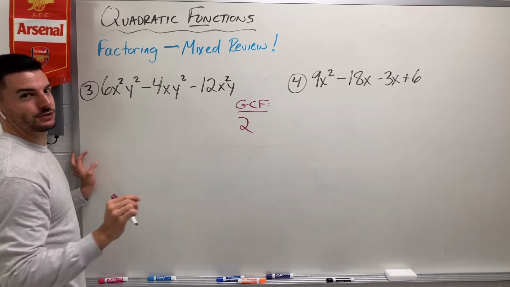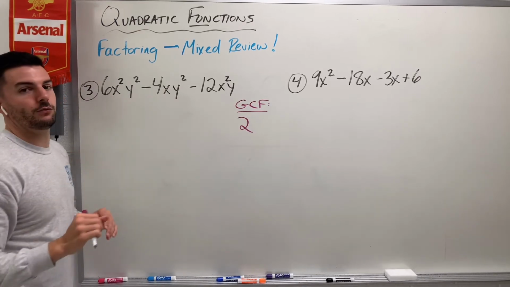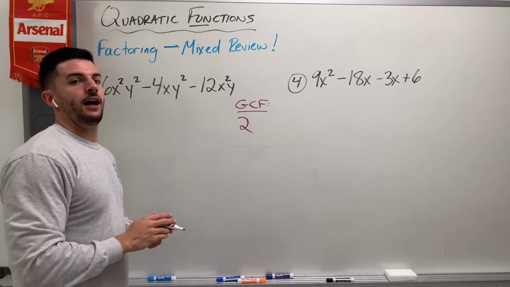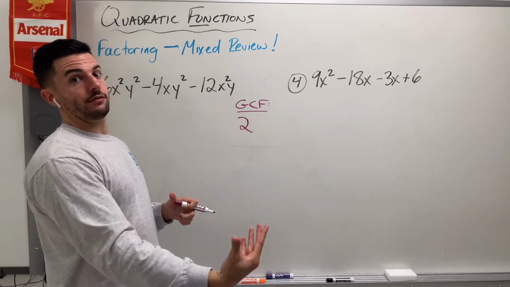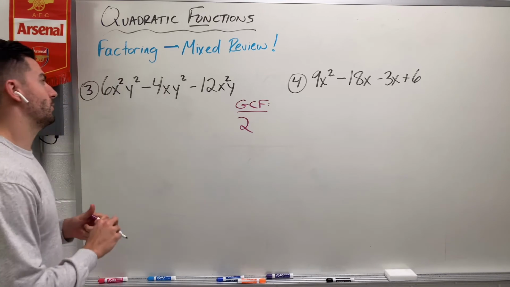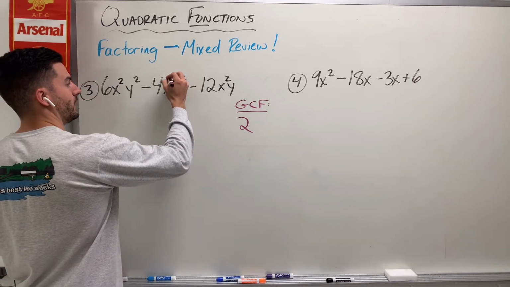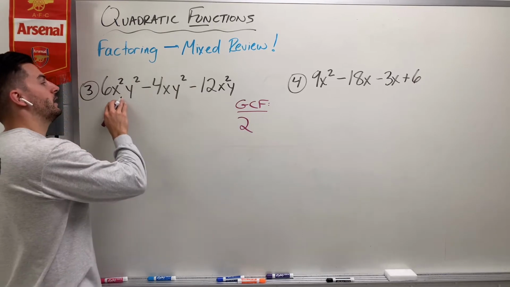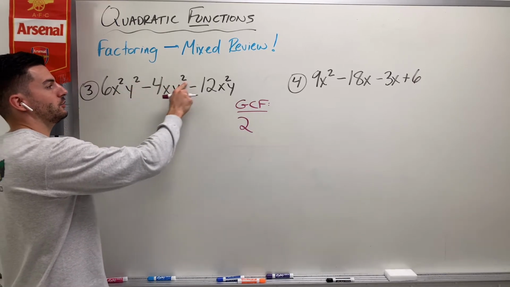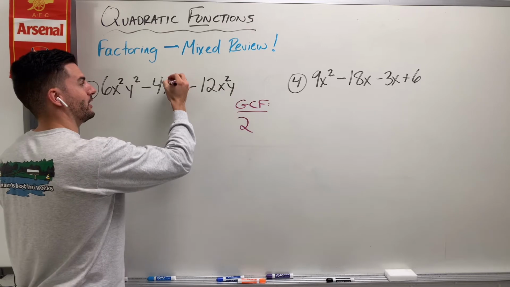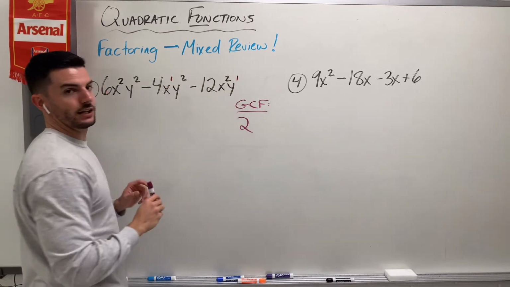And then my variables. Now here's what's tricky, okay? Again, what we would look for is the highest amount that they all have. Or another way to say that would be, what's the lowest exponent on any of the variables for any of the particular terms? A lot of these have 2 exponents, but the ones that don't have an exponent would get a 1.